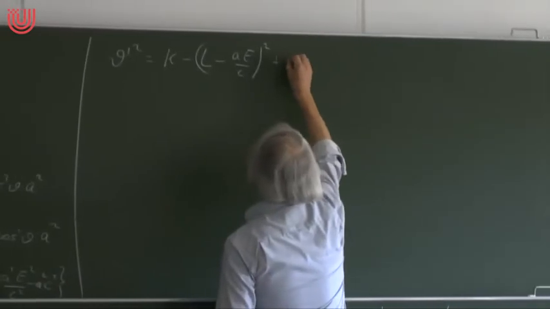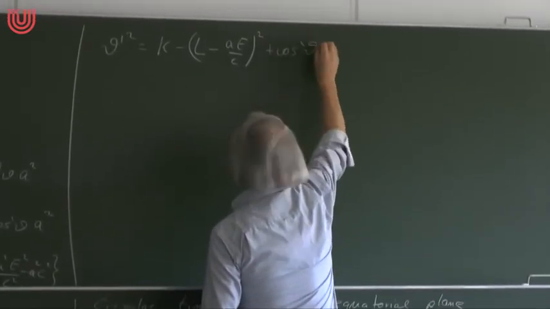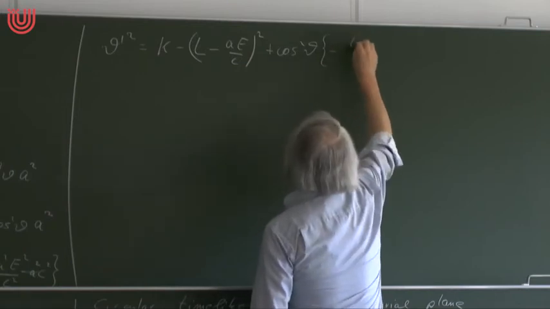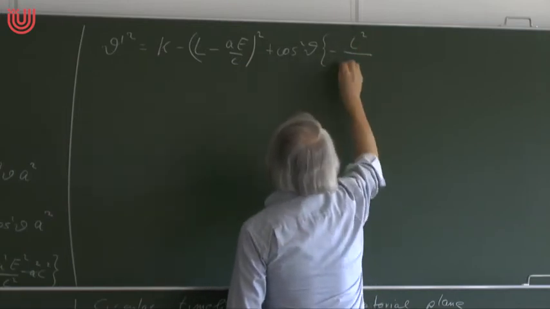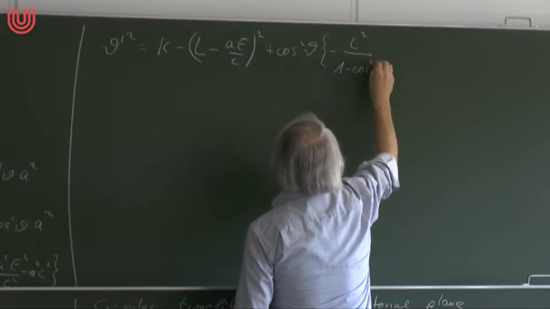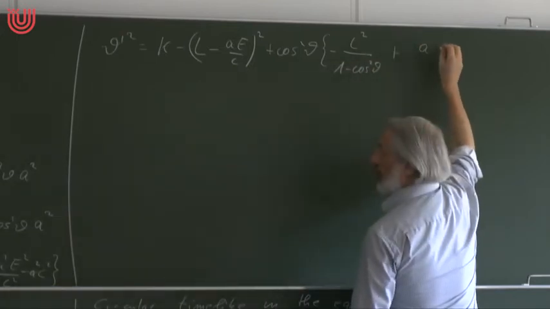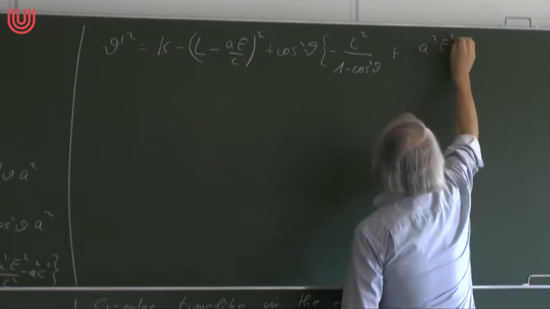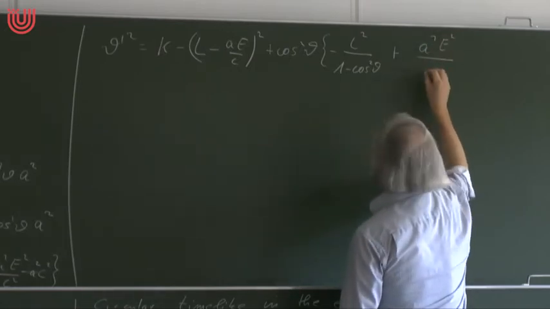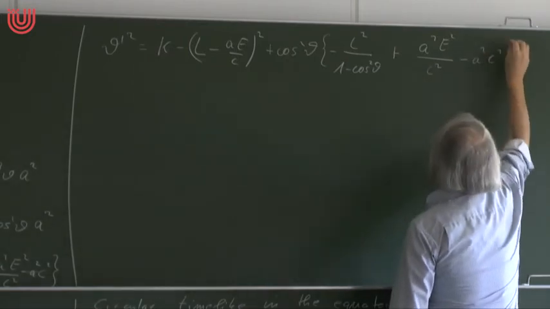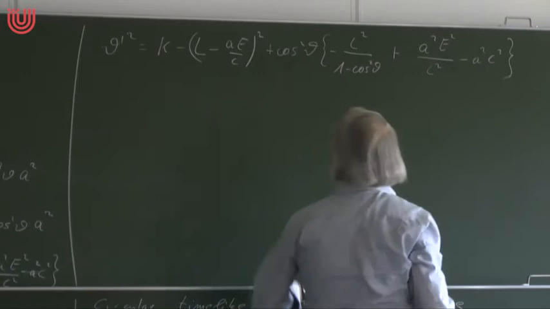And the rest is what it is. Cosine squared theta. Yeah, if I want to express everything in terms of cosine, I could write it in this way. Plus A squared E squared divided by C squared minus A squared C squared.